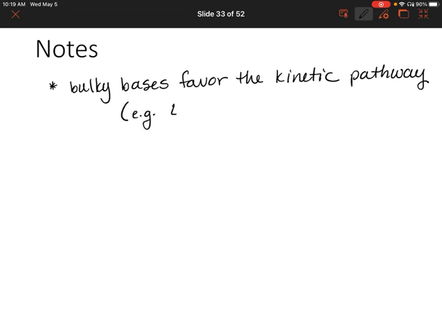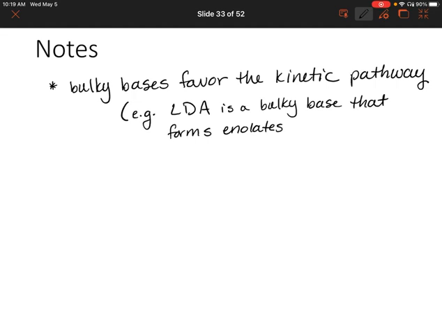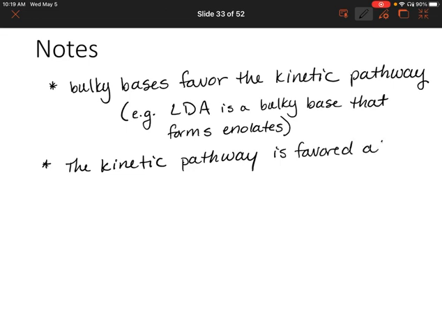So example given, LDA is a bulky base that forms enolates. So that would be perfect for the kinetic pathway. We also said that the kinetic pathway is favored at lower temperatures. So we would probably want to use a really low temperature like negative 78 degrees Celsius.